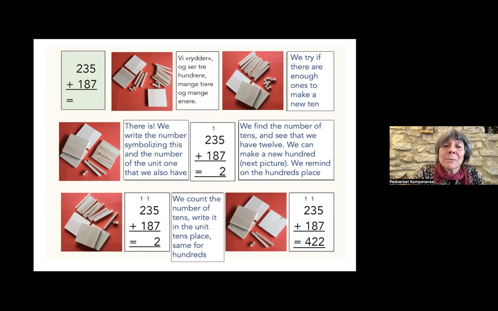Yes, it is. You have 12, you have another 10, and you have 2 ones. And you can use all those 10s that you have now to make new hundreds. And our system of writing this helps us keep in mind what we have done.